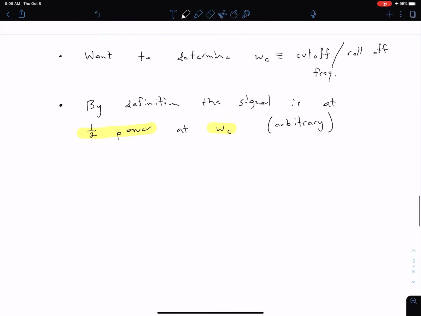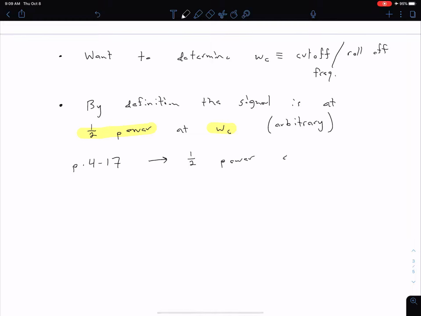So what we've shown previously, and this is on page 4-17 in the notes that are posted on Canvas, we said that this half power corresponds to 1/√2 of our voltage or current.